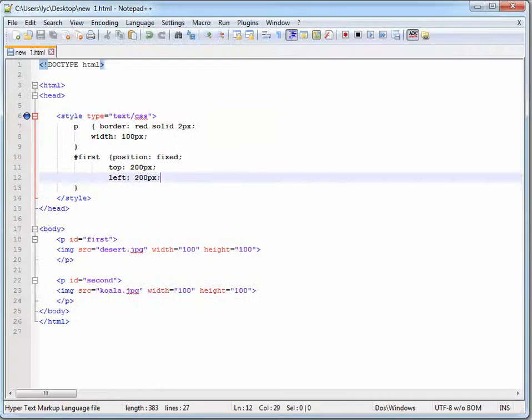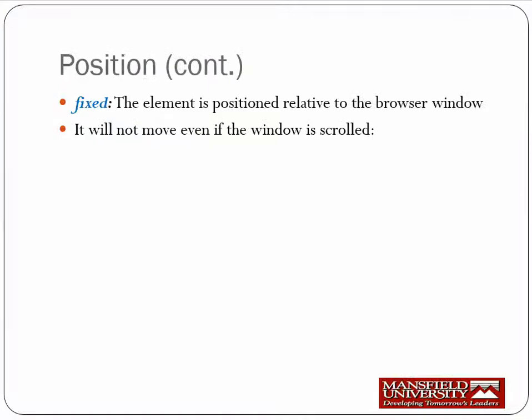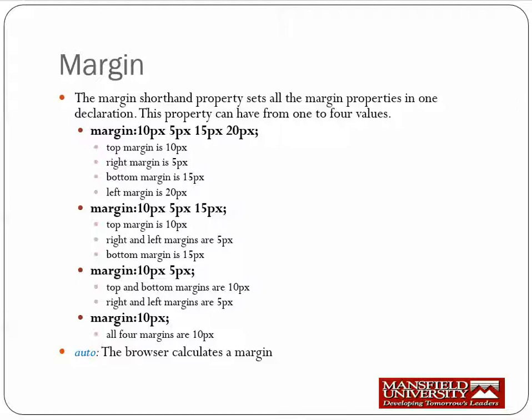So when we control the position of some elements, we can use position, but we need to assign properties. It could be relative, absolute, or fixed. And then we assign some numbers: how far from the top, how far from the left. That's about position. We also can add some margin to elements.